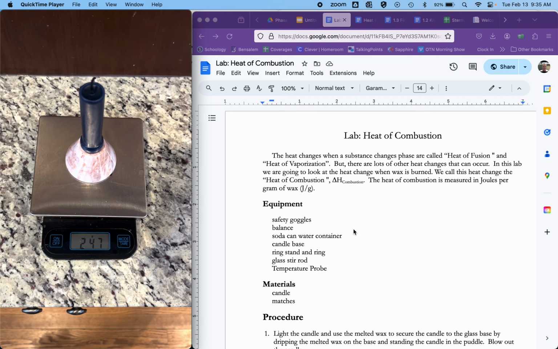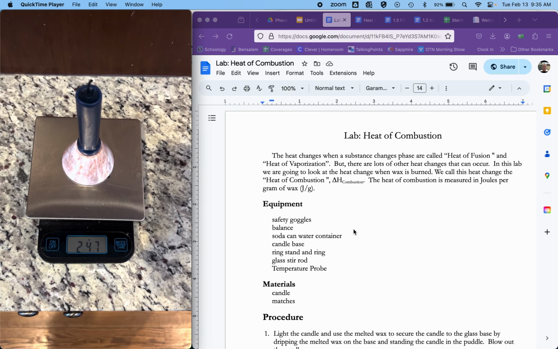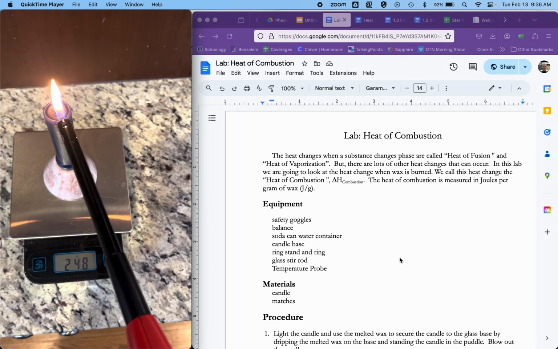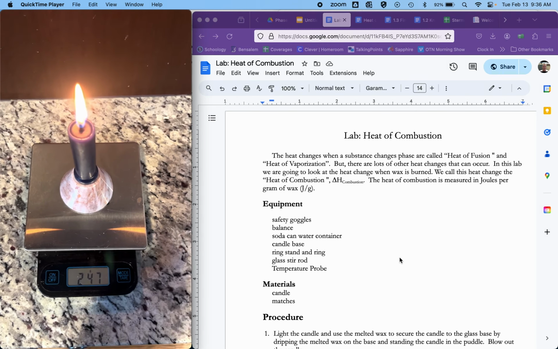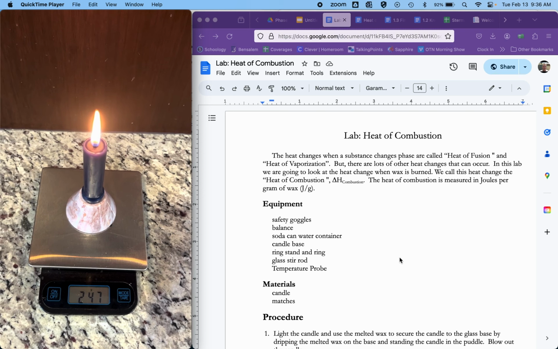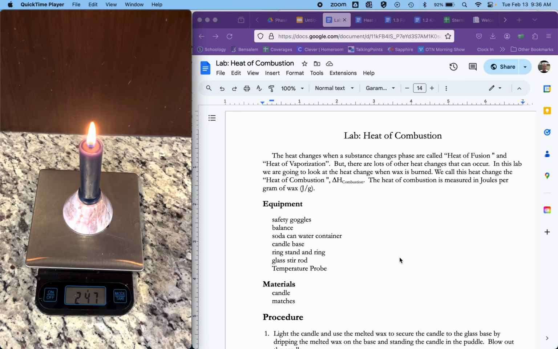The key here is that a candle, in this case, has a mass of 247 grams to begin with. Once I light this candle, the candle starts to burn and it releases heat through the flame, right? So there's something going on.